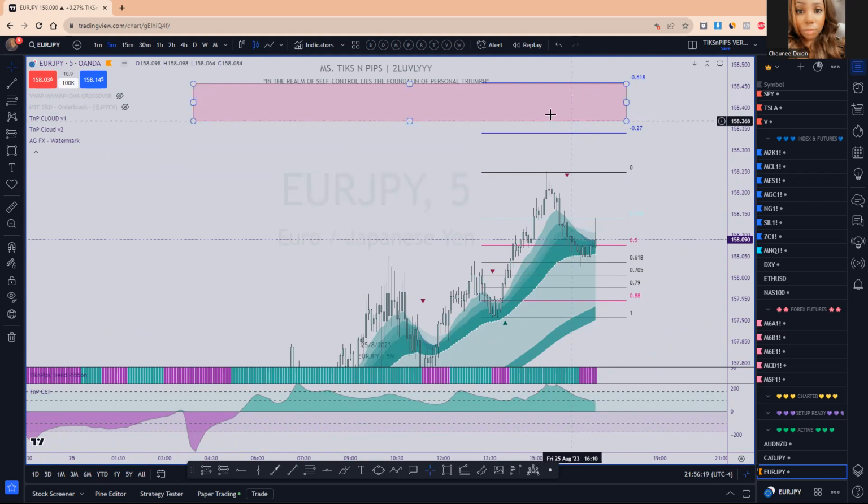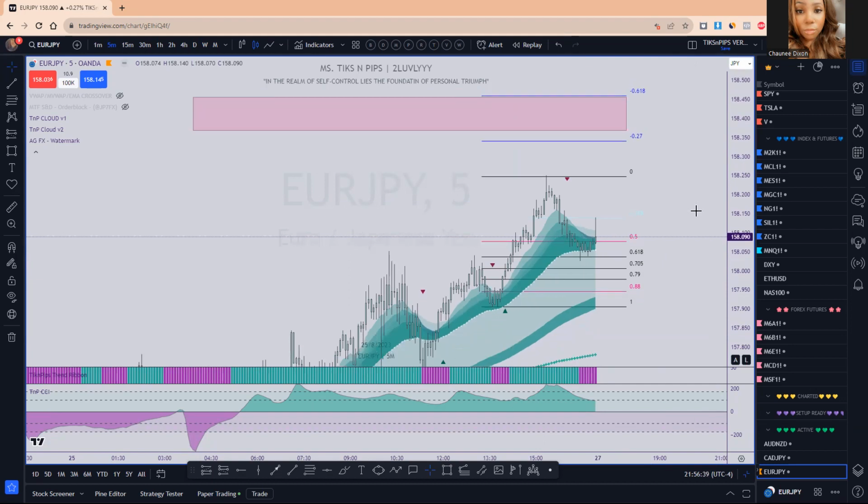We anticipate a change of character within certain areas that are major like that. It depends on what time frame your supply zone came from. If it's on the same time frame, sometimes it may just be an area where it retraces from and then goes back up. But if it's from the 4-hour, definitely watch what happens when it gets up into that zone. But the fib is like a map.